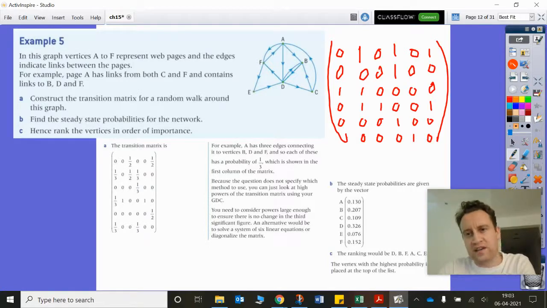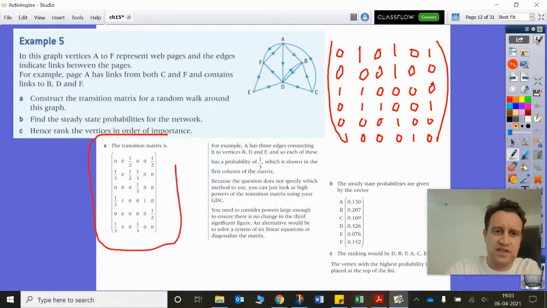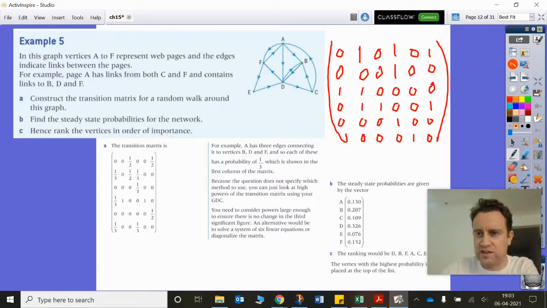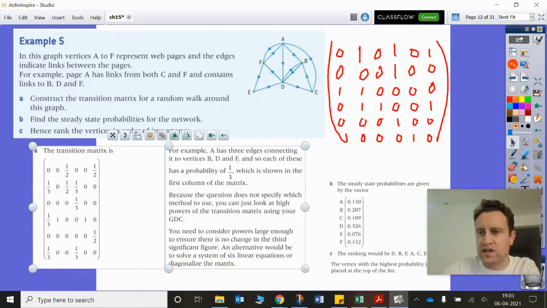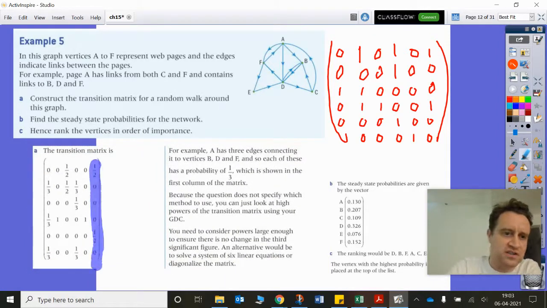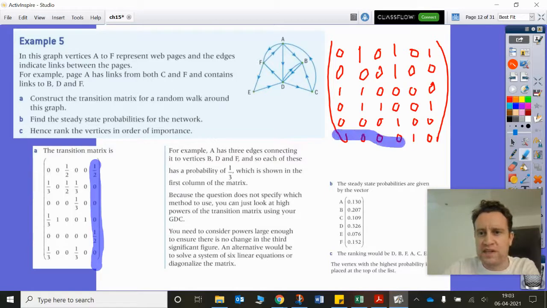Now, in fact, the way I made that was actually by cheating and looking at the answer to the transition matrix, because the two things are related. So you can see how they're related in terms of this last column here represents this row.